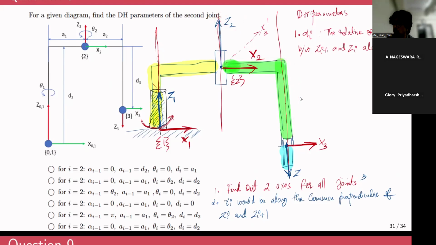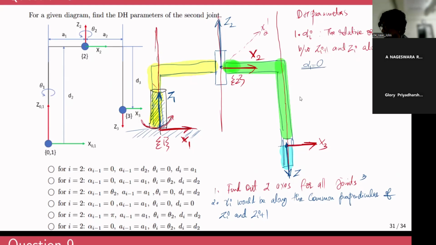So at any arbitrary configuration, z2 is still going to be the same, but x2 will keep on rotating about a vertical circle with the center along the z2 axis. So the first DH parameter alpha i, that is the relative orientation between zi plus 1 and zi. In this case, the relative orientation between z1 and z2 is 0. So alpha 1 is going to be 0.